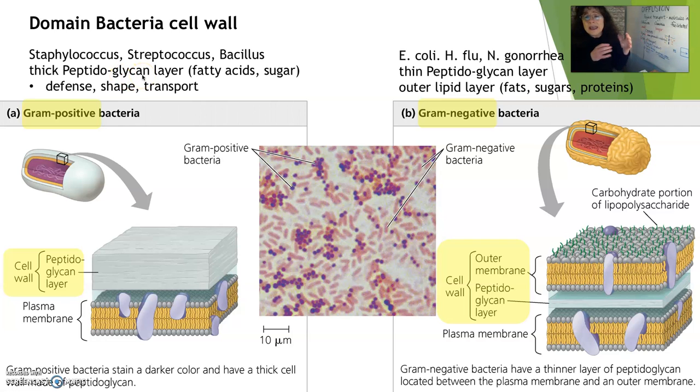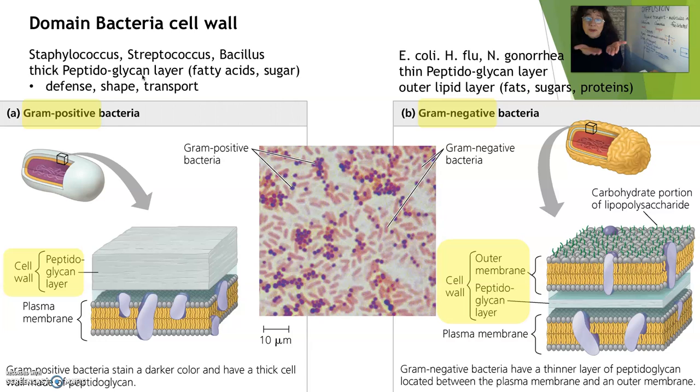So it is called a thick peptidoglycan layer. Remember, that glycan was related to sugar. It is bonded to some peptide groups for the peptidoglycan layer.